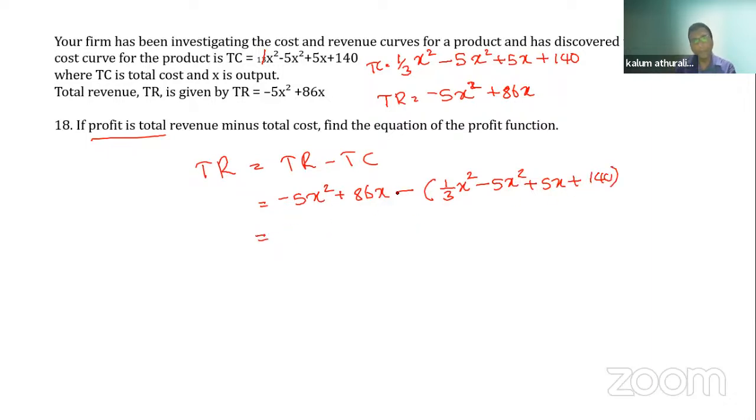Multiply by the minus sign and simplify. Then minus 1/3 x to the power 2. Sorry, x to the power 3. Here is some mistake. No, this is not 2, it is 3. X to the power 3.